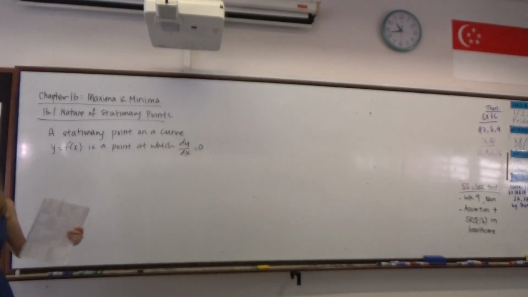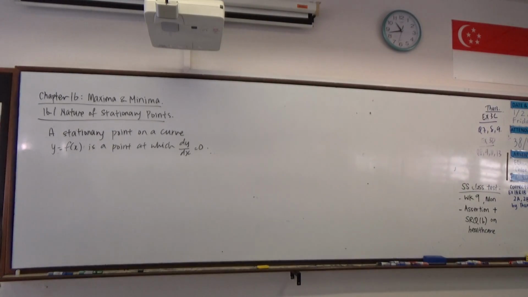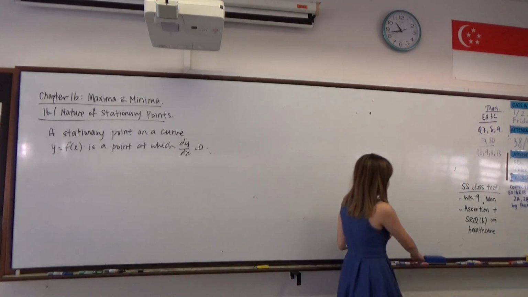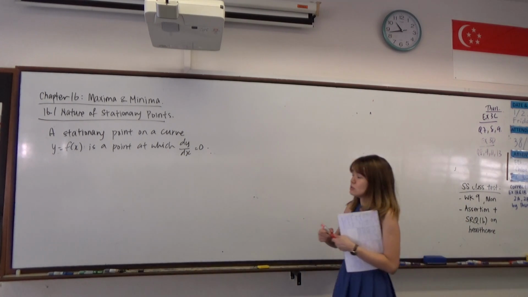There are actually three different types of stationary points. Currently, what we know would be your maximum and your minimum. When it comes to a stationary point, the gradient of the tangent would be equal to 0.